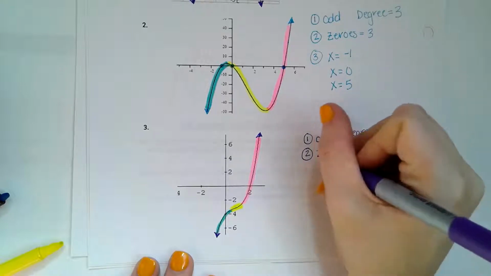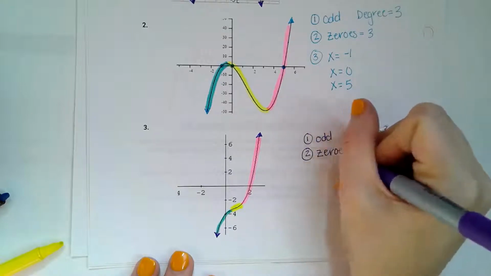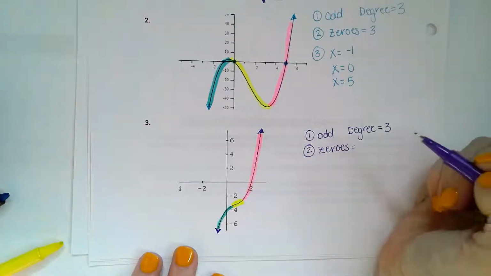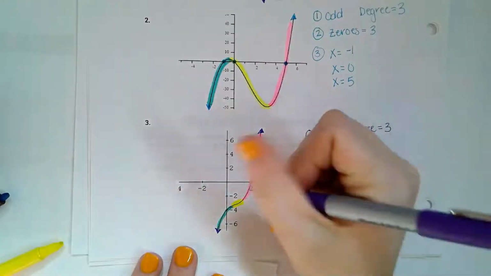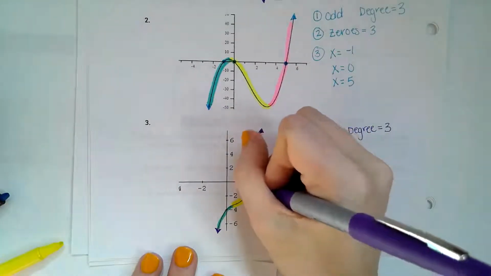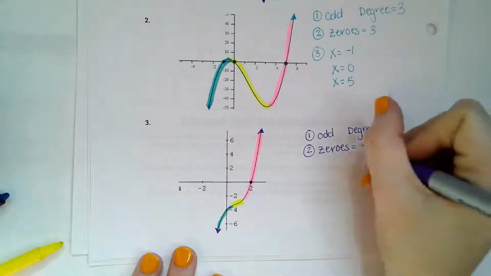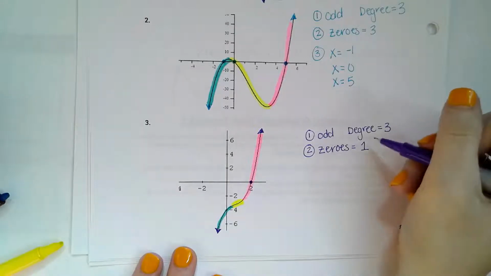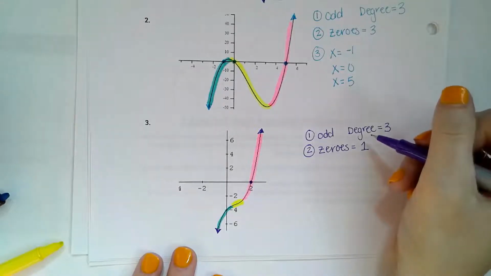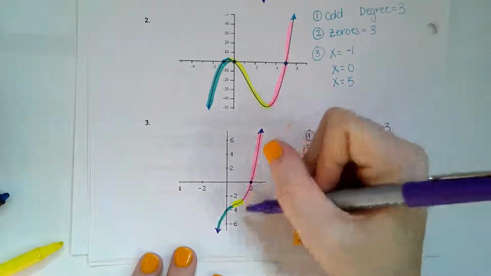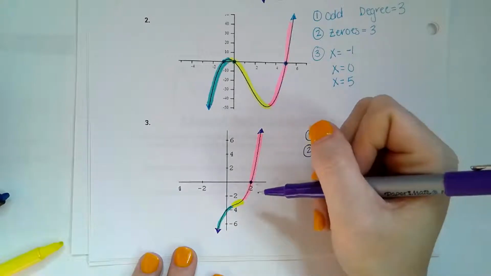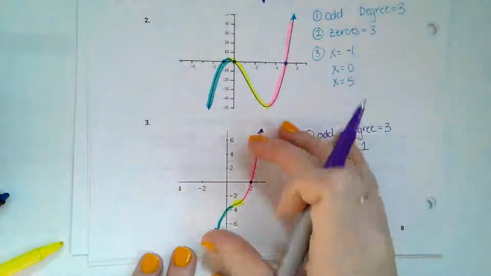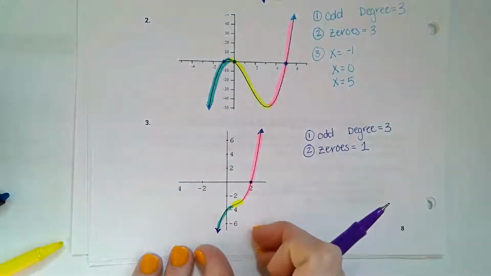Now, as you can see here, we only cross our x-axis once. And I've been saying that your zeros and your degree should match, which they should. But some of ours here are what are called imaginary. It's because this graph has been shifted down.